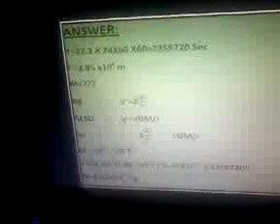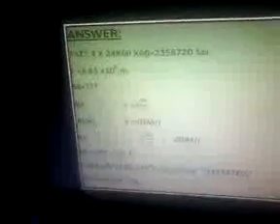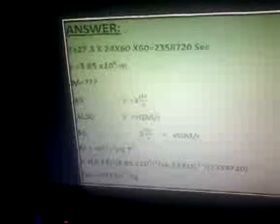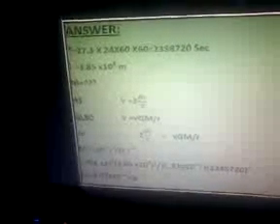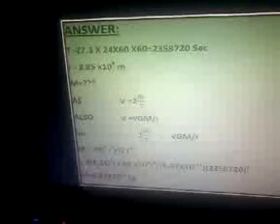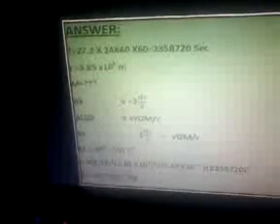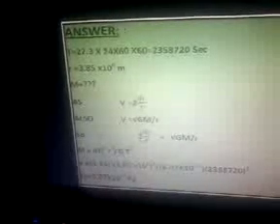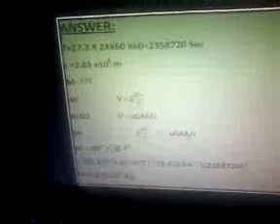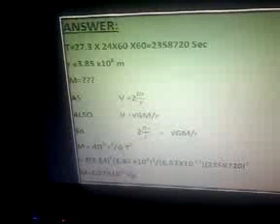How? From the following relation: T equals 27.3 times 24 times 60 times 60. So, the periodic time T equals 2358720 seconds.